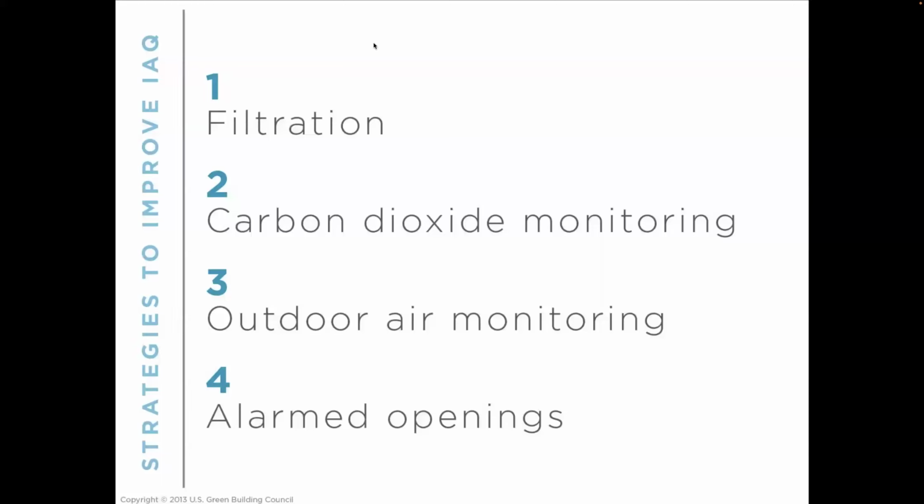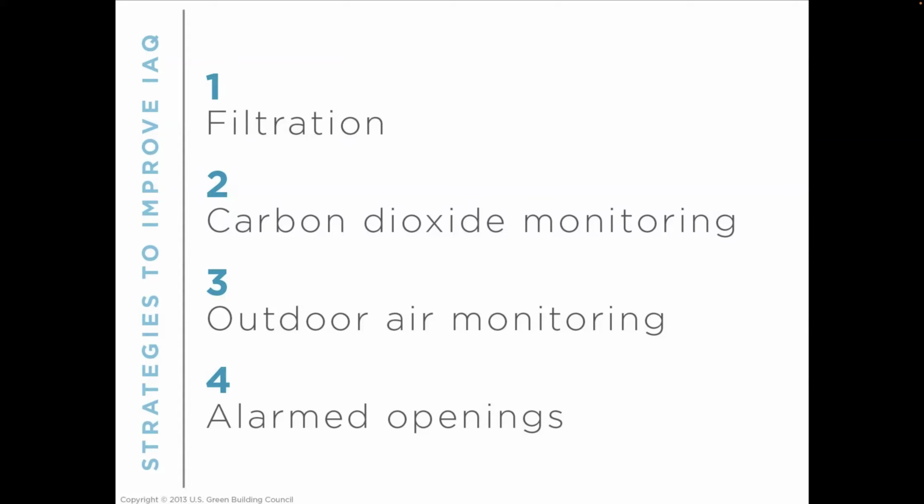So strategies to improve IAQ. So filtration. So this is those MERV ratings, 1 through, I think the highest one is 18. Carbon dioxide monitoring. The reason why that's important is that have you ever been inside a conference room and there's lots of people in it? After a while, even though you may have the most riveting presentation, over time you get sleepy.